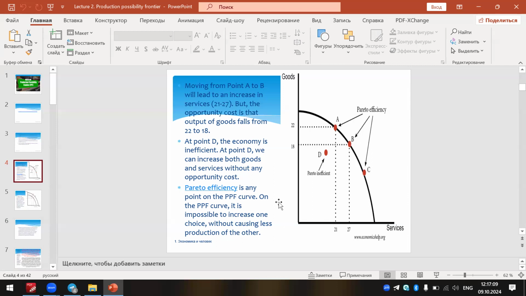So I told you, and I remind you, about Pareto efficiency, the law of Pareto in economics. So this is any point of the production possibility frontier curve. And on this curve, it is possible to increase one choice without causing less production of another one.